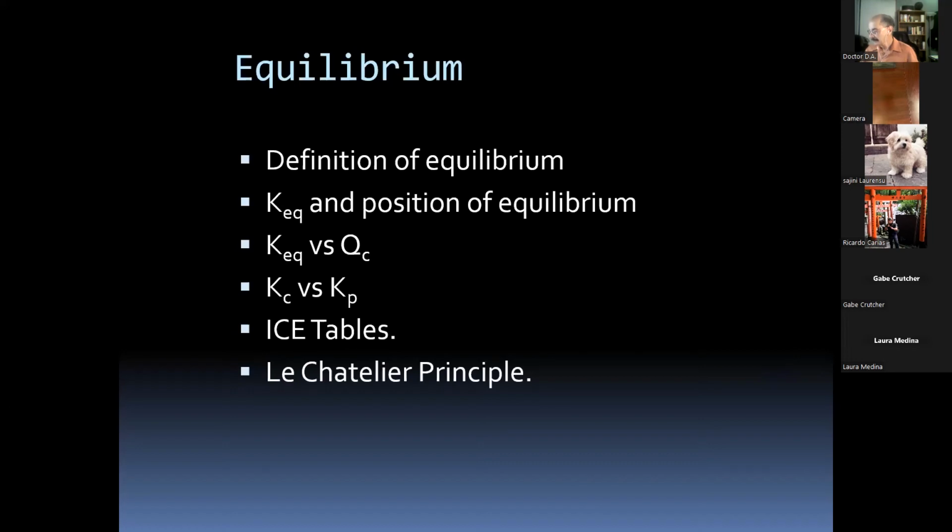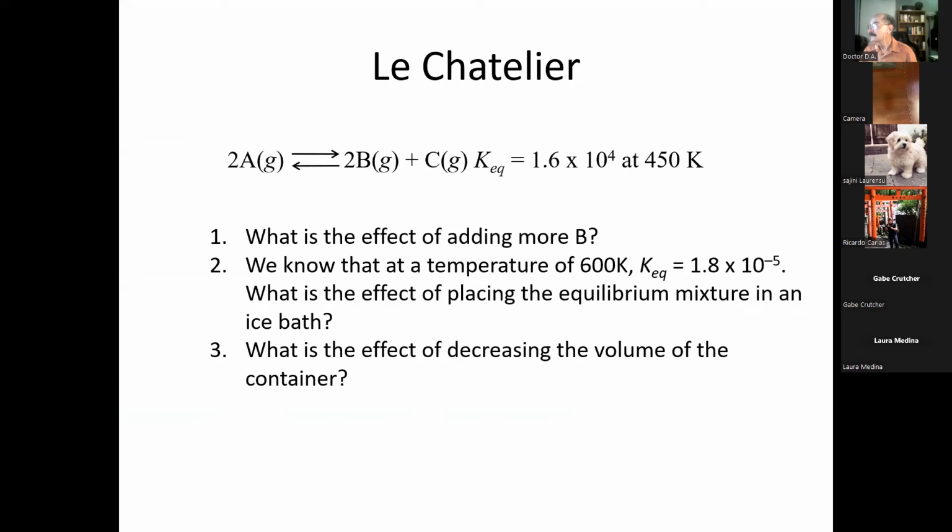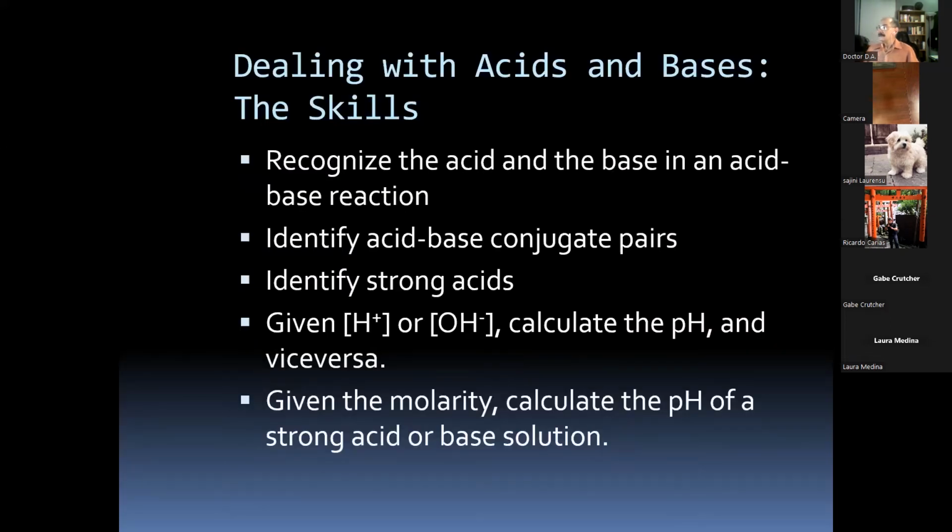All right, let me jump back to the presentation that we had before, and let's talk about the next topic, which is actually acids and bases, your favorite and mine.